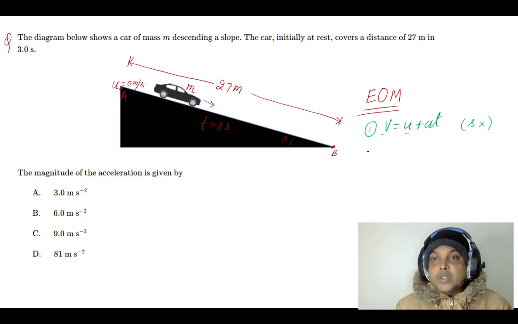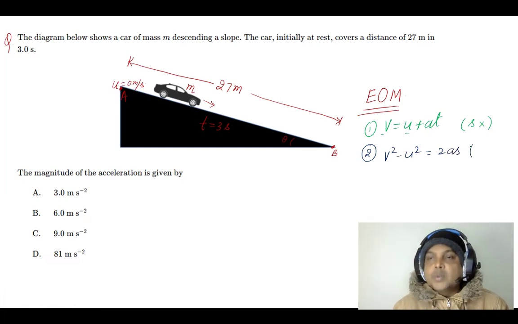It depends on you which equation you pick. The second equation is v squared minus u squared equals 2as, where these alphabets have the usual meaning: s is displacement, a is acceleration, u is initial velocity, and v is final velocity. Here, there is no t in this equation.